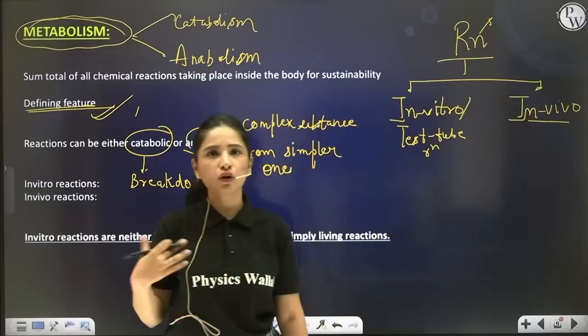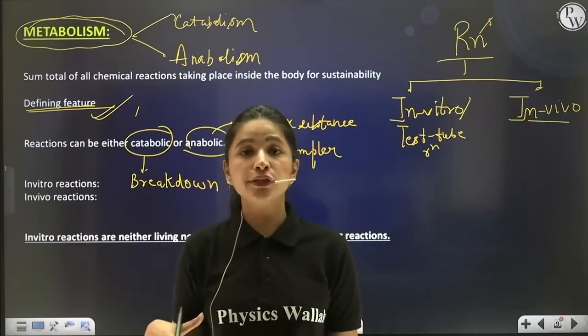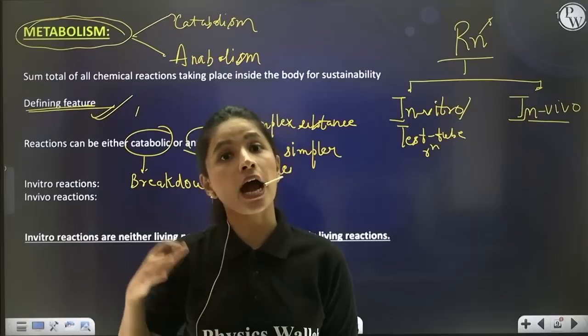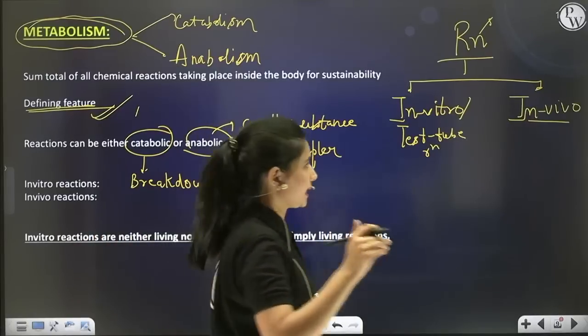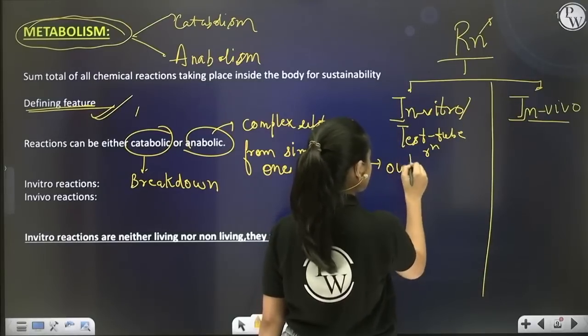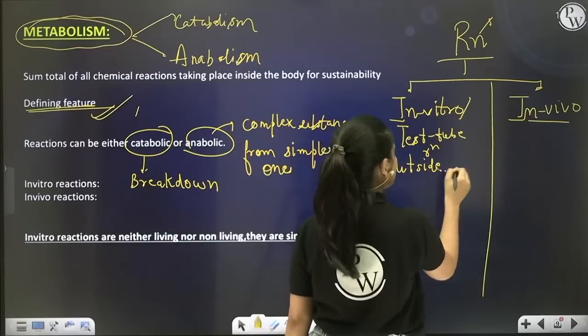What is in vitro? What is in vivo? In vitro are those reactions, my children, which take place outside the cell. Okay? So in vitro reactions are those that take place outside a living body.